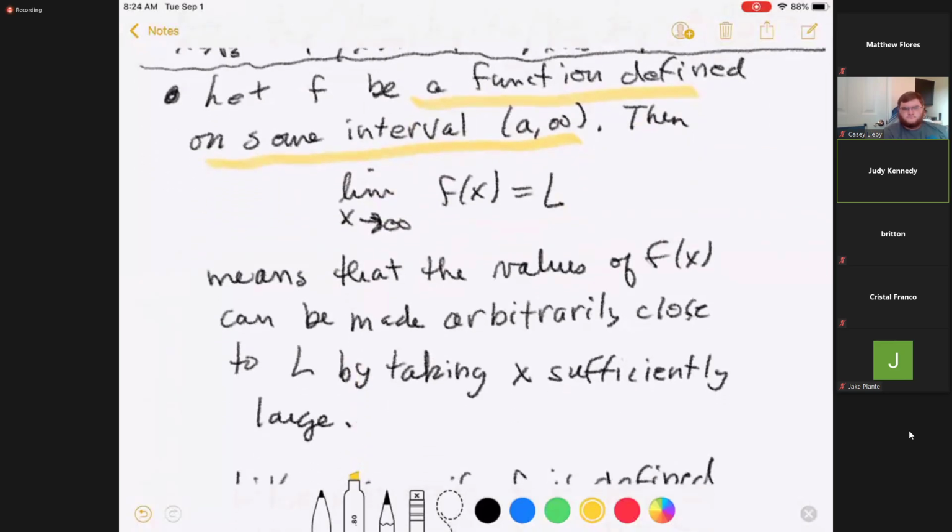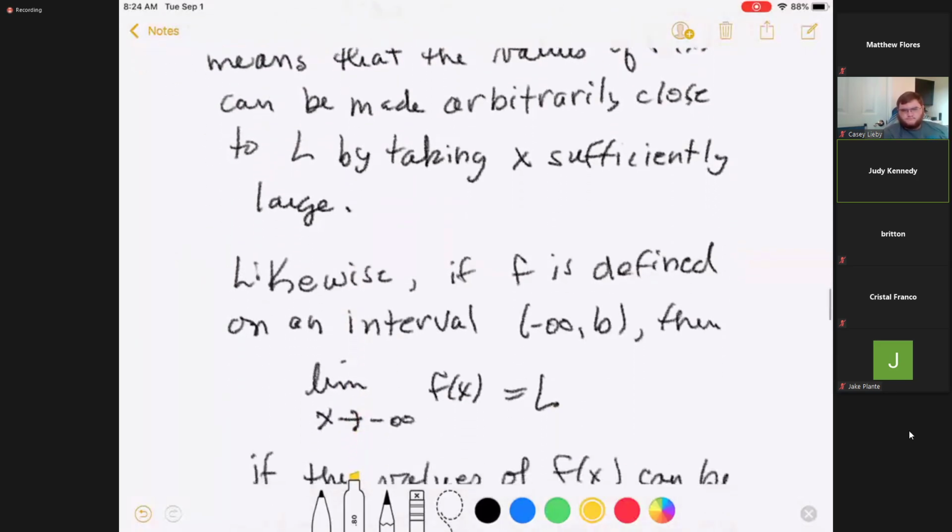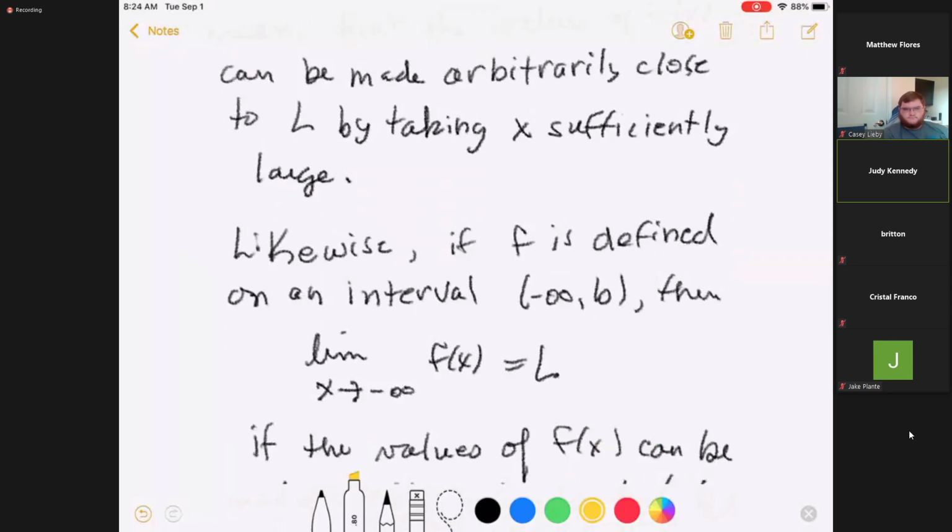Well, that's going to mean that the values of f of x can be made arbitrarily close to L by taking x sufficiently large. And likewise, you can define the limit as x grows to minus infinity. And this time, x would have to be defined on an interval that contains all numbers less than some b.